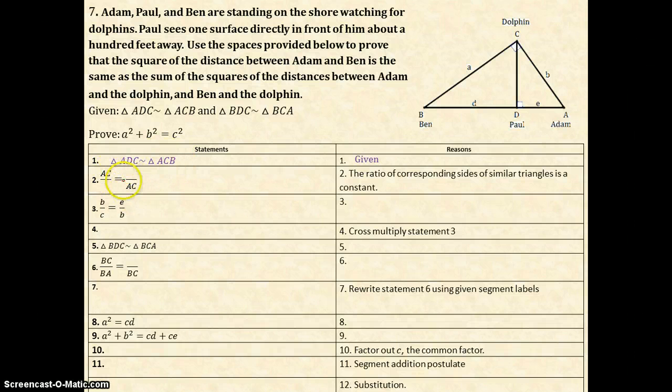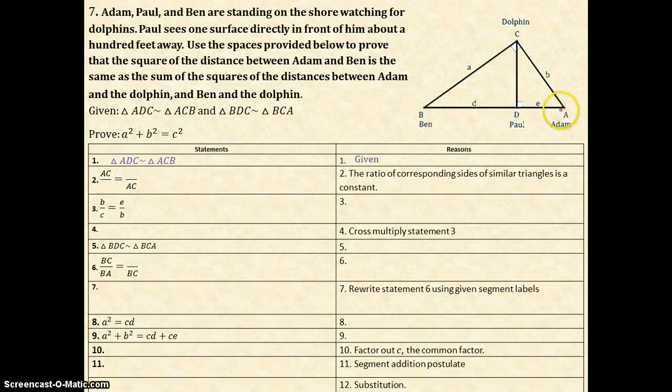And we're going to use that to get a ratio here, because the ratio of corresponding sides of similar triangles is a constant. So we need to figure out AC over what equals something over AC. Well, this might help us figure out what goes here and here. If you notice, segment AC is b. And I got AC here and here, and I got b here and here. So whatever c is should go down here, and whatever e is should go up here.